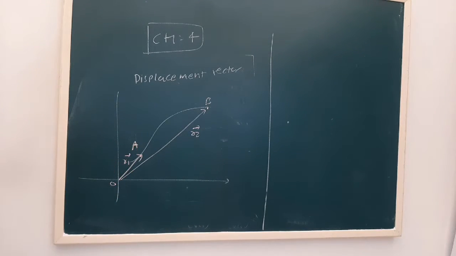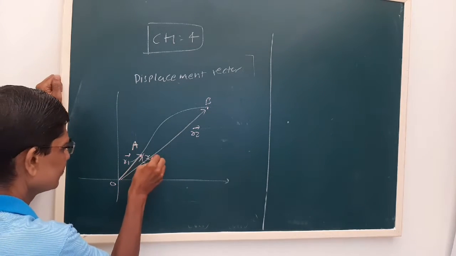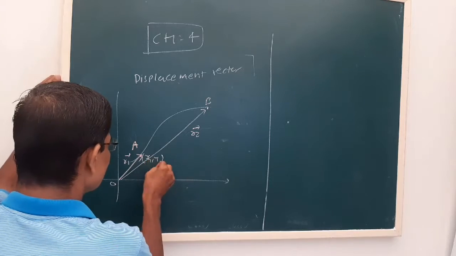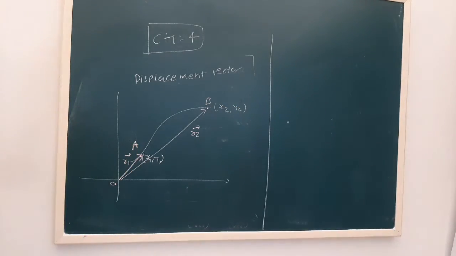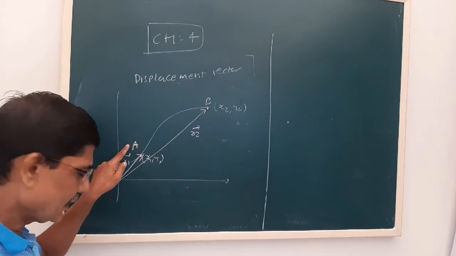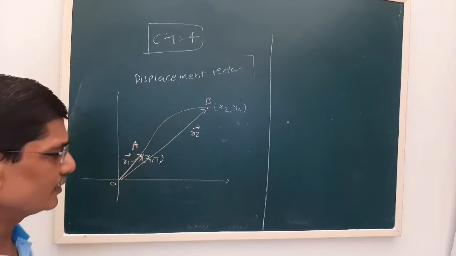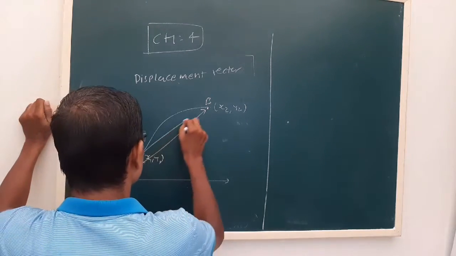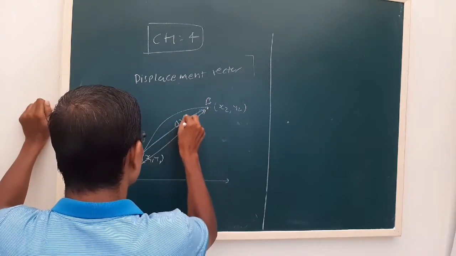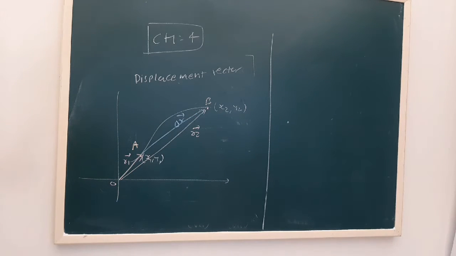We can write in terms of x and y, let us say x1 y1 and x2 y2. A is the initial position, B is the final position. Delta R is the displacement vector. To obtain the displacement vector, we can take the help of the triangle law.